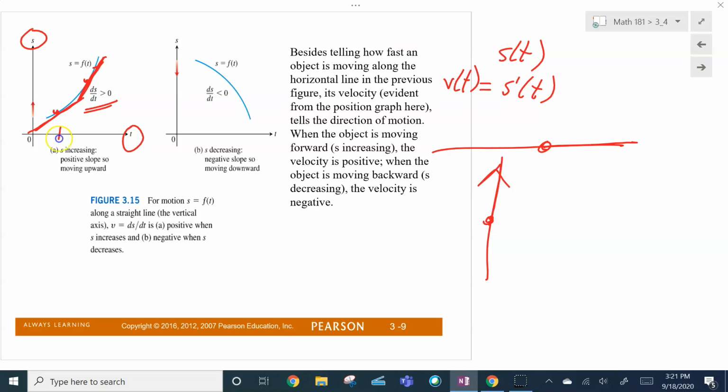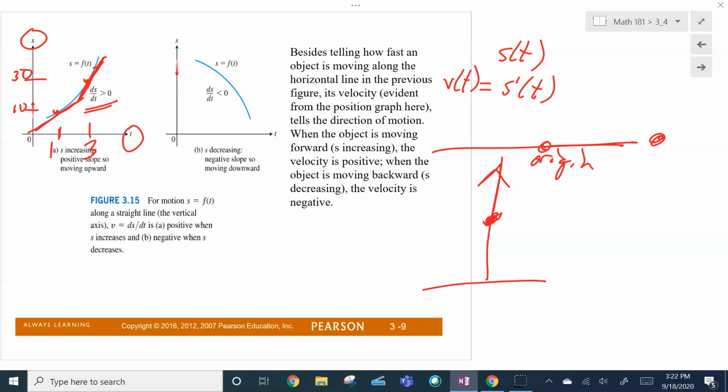In other words, at 1 second, maybe it's only 10 feet away from the origin. Or if you're going up, if this is the ground, at 1 second you're 10 feet high, okay? But after 3 seconds, now it's 30 feet away, right?